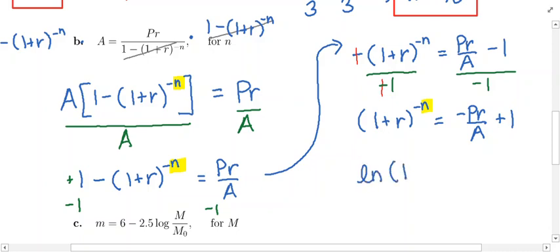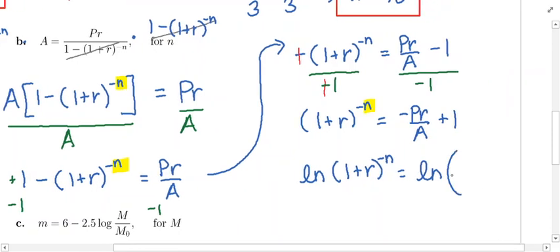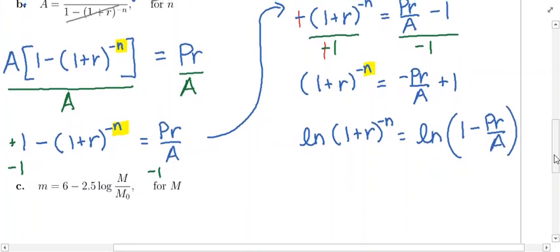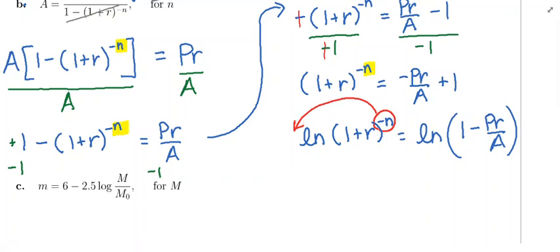Okay, if I take the logarithm of the left side, I have to do it to the right side. On the right side, I'm going to rewrite the terms as positive 1 minus PR over A, just so it looks a little cleaner. All right, so now on the left, I've got the logarithm of something to a power, so I can bring the power down.